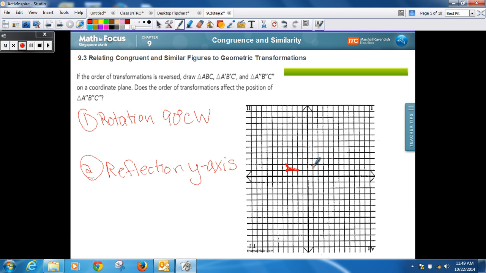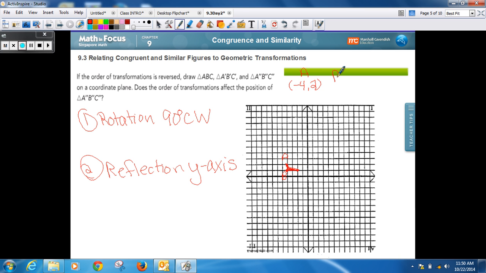When we talk about 90 degrees clockwise, remember what it does to your coordinates. So you might need to use your cheat sheet there in order to figure out what it does to the coordinates. So my coordinates originally, A is at -4, 2. And I didn't label mine down here.